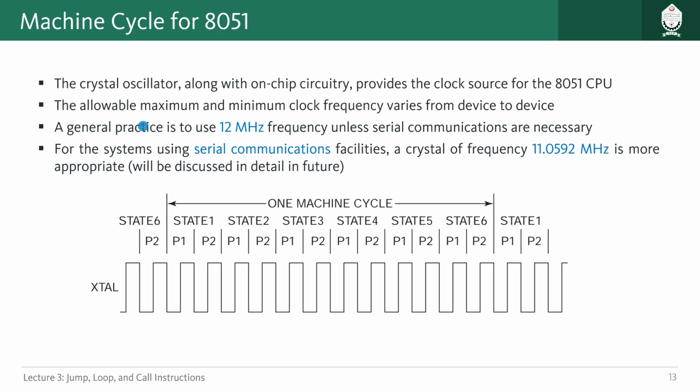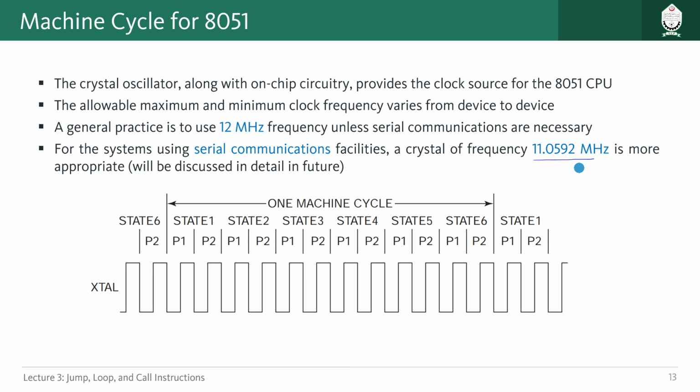In most cases, you are going to see that 12 megahertz is a very common frequency for the 8051. Another one is the value 11.0592 megahertz, which is mostly used whenever we are trying to maintain serial communication with a computer. This will be discussed in future, why we use this frequency and why it is useful, because of the baud rate.